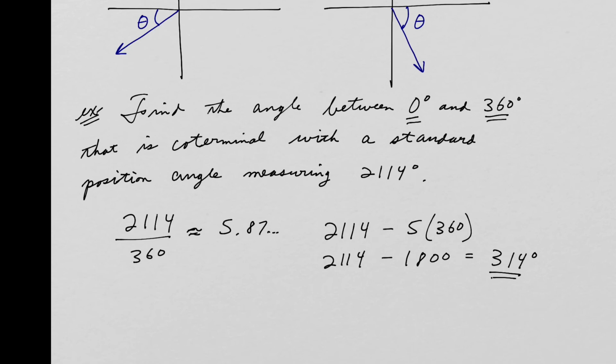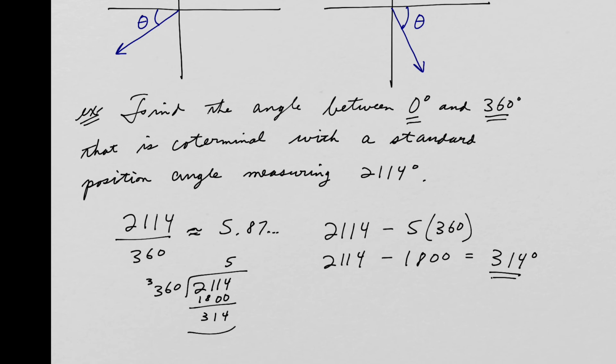Another way you could do this is to look at the remainder. If you were to divide this out by hand, 360 goes in 5 times, so this would be 0, 0, 3, this is going to be 18, and then the remainder is 4, 1, 3.